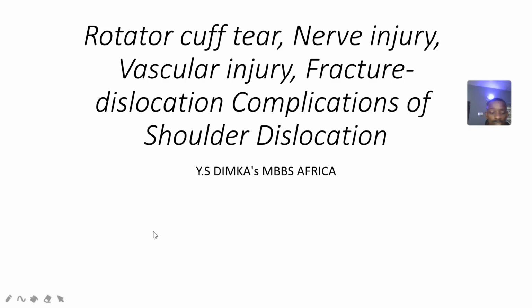We get to look at some complications that might occur when you have a shoulder dislocation. You know the shoulder is there, and around the shoulder you have a lot of blood vessels.